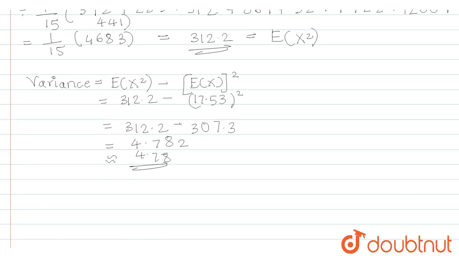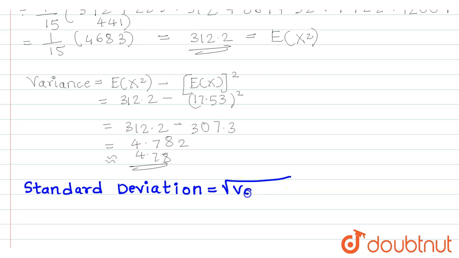Now let's go to the last part, which is standard deviation. So dear friends, what is the formula for standard deviation? It is nothing but the root of variance of x.